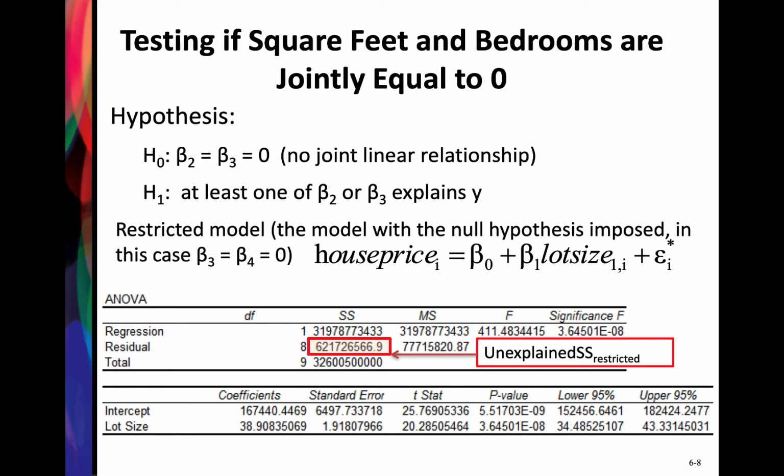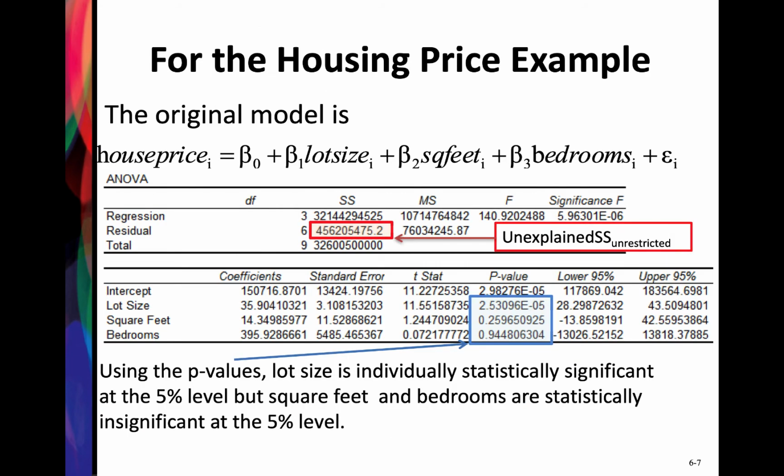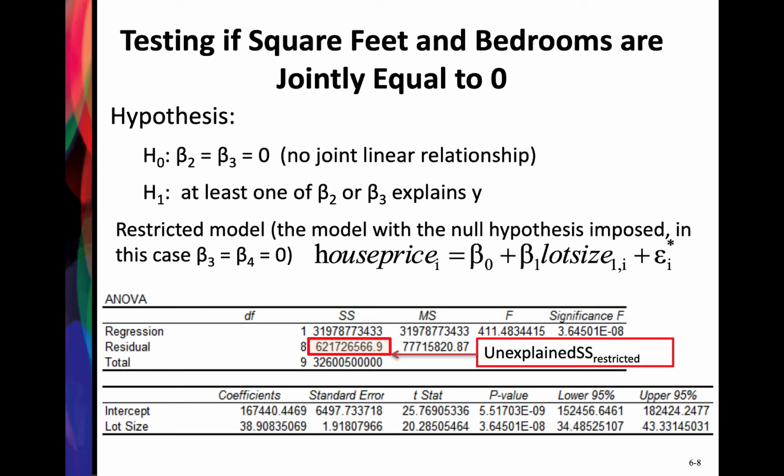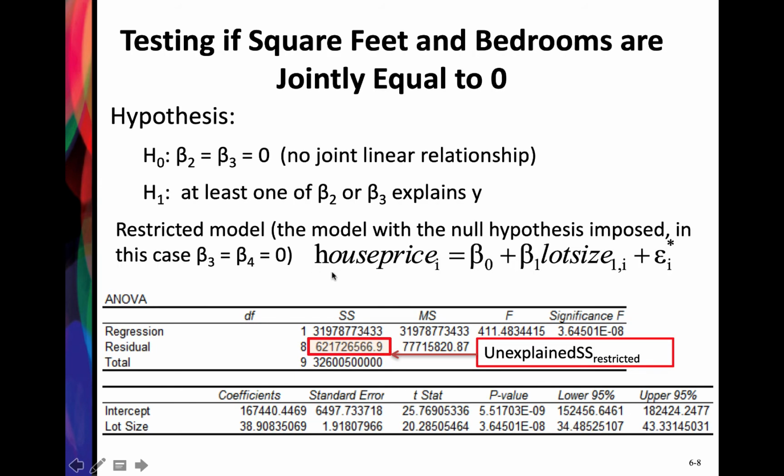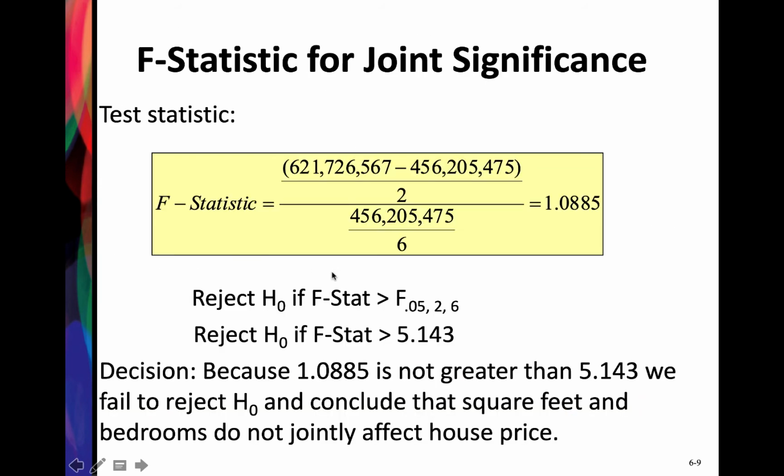Once you get those two numbers, the unexplained sum of squares unrestricted, unexplained sum of squares restricted, and then Q, which is 2, and n minus k minus 1, which again comes from the unrestricted model, the number in the same row as the residual, then you just put it into the formula. It's not that big a deal.